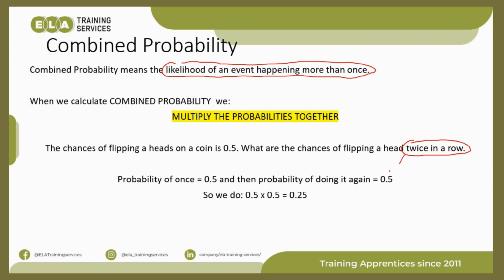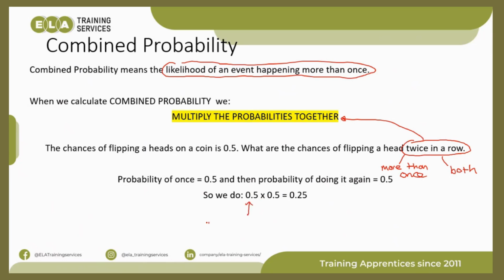So anything to do with more than once or both, we multiply the probabilities together. So here we do 0.5 times 0.5, which is 0.25.